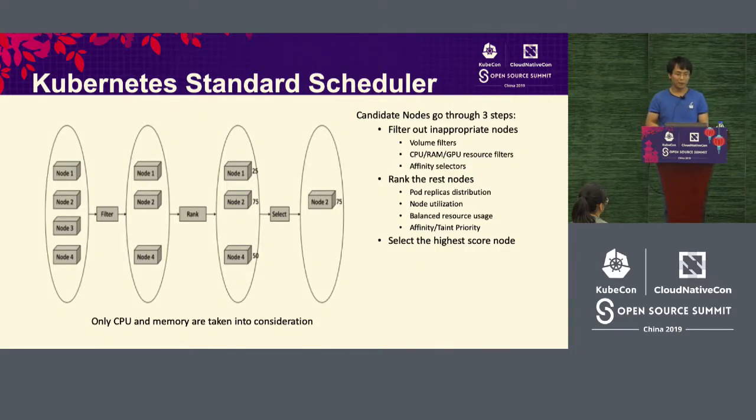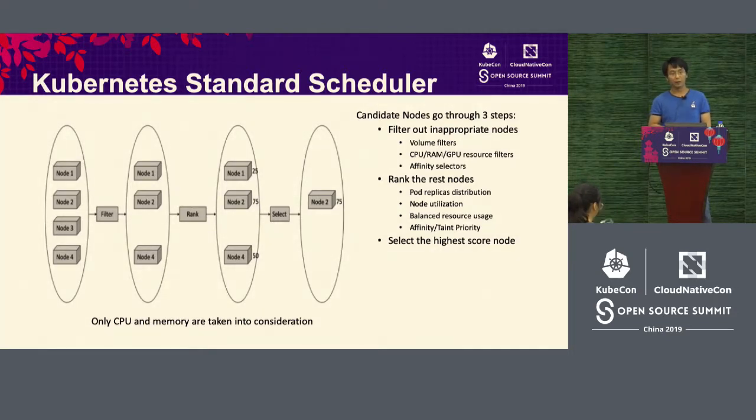Let's first of all look at the Kubernetes standard scheduler. You can see from this slide and this chart how Kubernetes chooses the node for pods and how it does the scheduling. First of all, there is a series of filter rules.